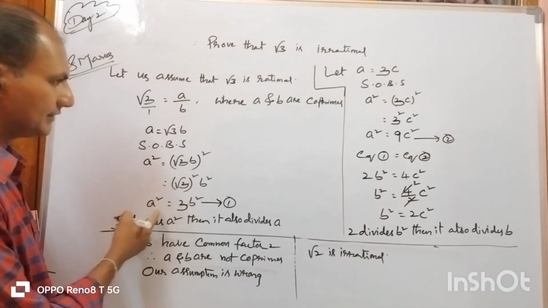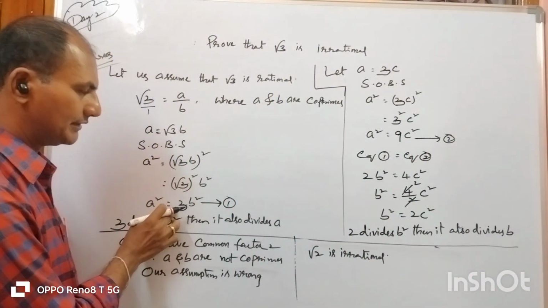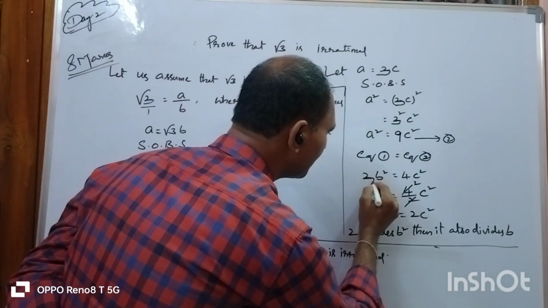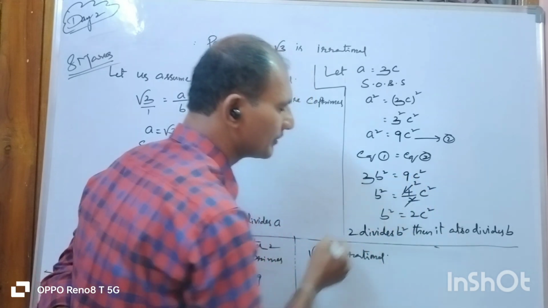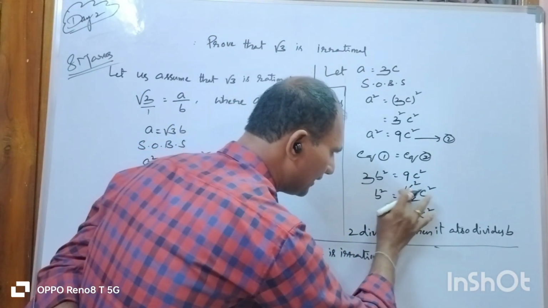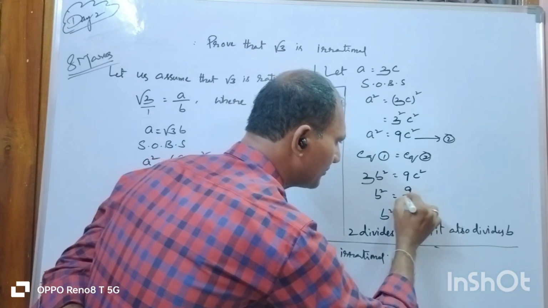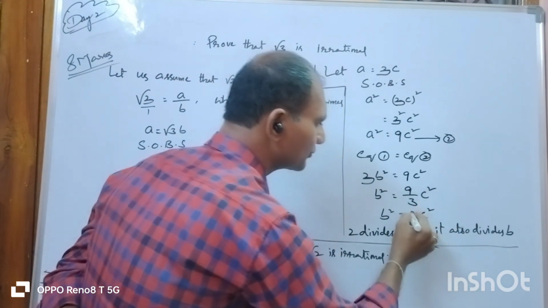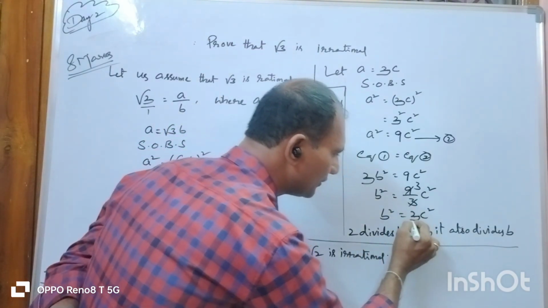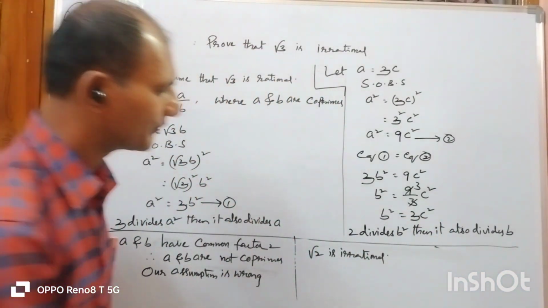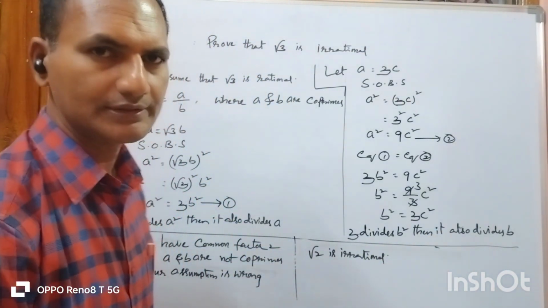Now equate equation 1 and equation 2. This is 3b square and this is 9c square. So 9 by 3 c square, 3 ones 3, threes 3. So 3b square equals 3c square. Hmm, 3 divides b square, then it also divides b.